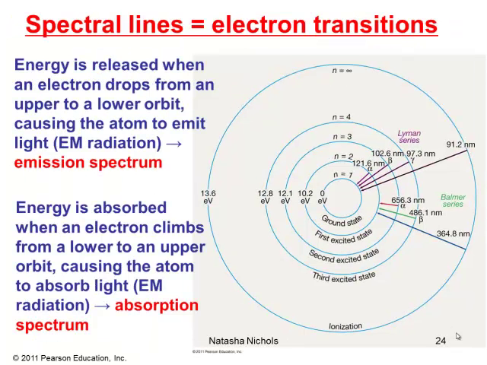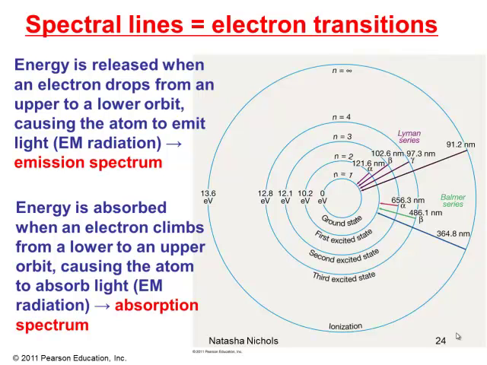Now, the spectral lines we talked about before, we talked about the emission, the bright lines that we see on a black background, and then we talked about the absorption spectrum, which is the bright background speckled with the black lines. Well, those spectral lines actually correspond to electron transitions.